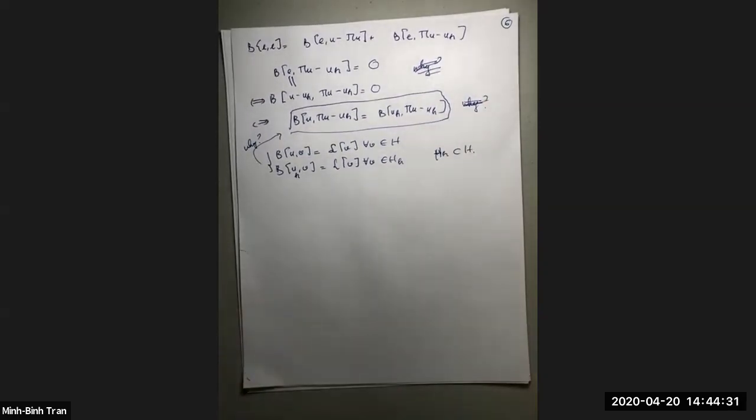So from these two equalities, how can I deduce that B(u, pi u minus u_h) is going to be B(u_h, pi u minus u_h)? Any ideas?